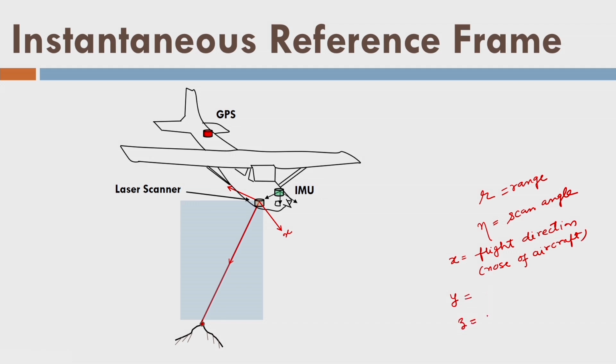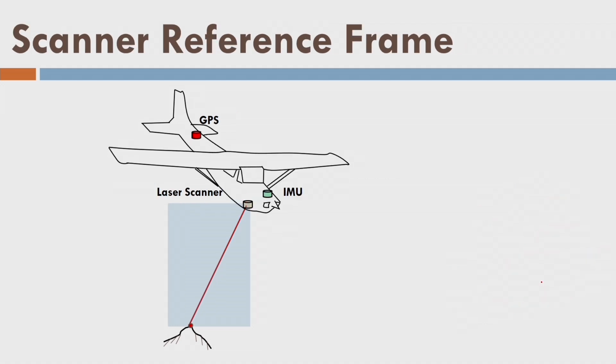So z-axis is in the direction of pulse. What about y? Y is framing the right-handed coordinate system with x and z. So now there is a laser pulse here, and so we have defined the instantaneous reference frame like this.